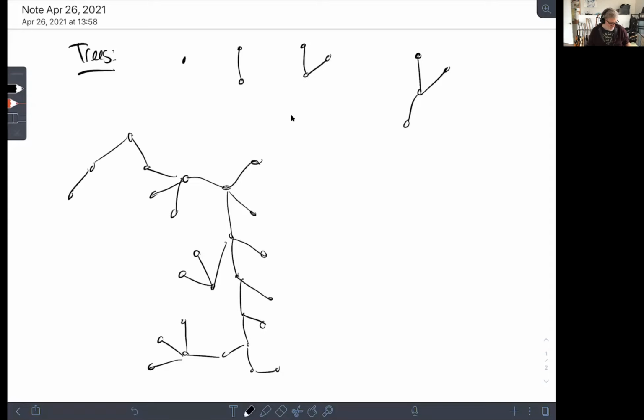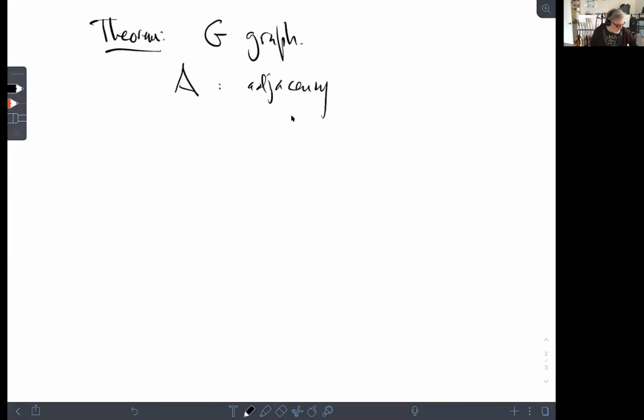Okay, the theorem. I'm not going to write down a formal proof because it's in the slides, but I'm just going to try to explain why it's true, and you'll see it's not super tough. So I have a graph G, and I have A, its adjacency matrix.